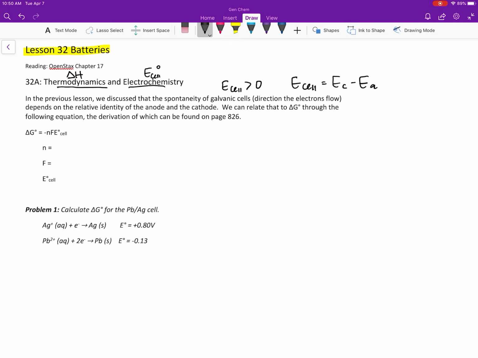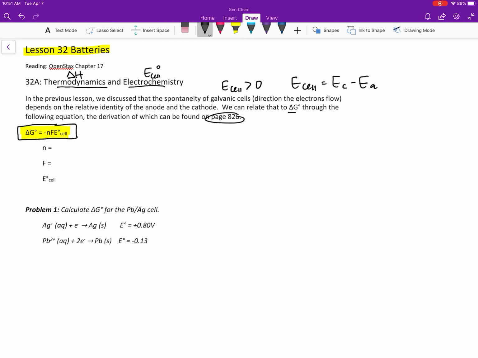So we can relate this to delta G naught through the following equation, which is derived in your textbook if you want to know. But you don't have to know how it's derived. You just need to know the formula itself, which is that delta G naught is equal to the negative of n times F times E cell naught.